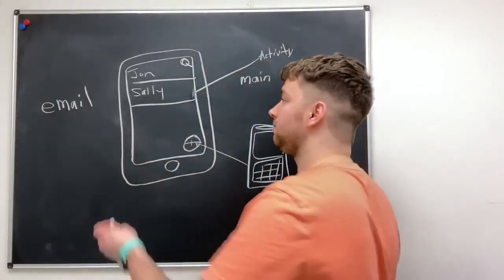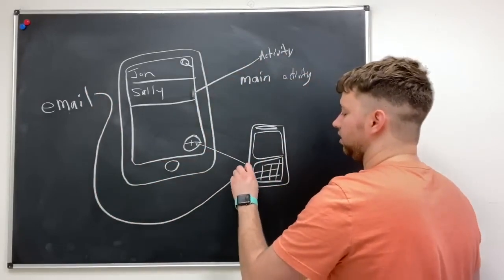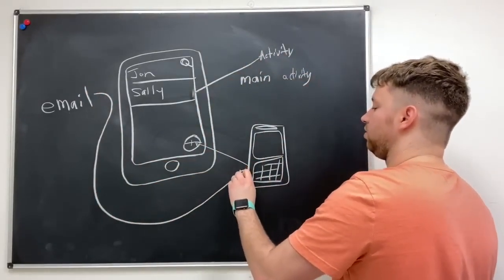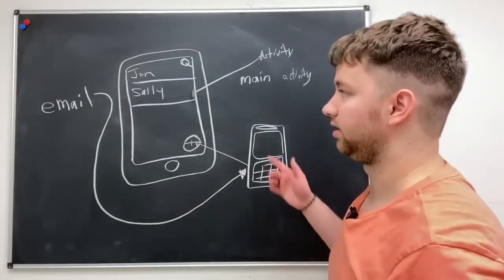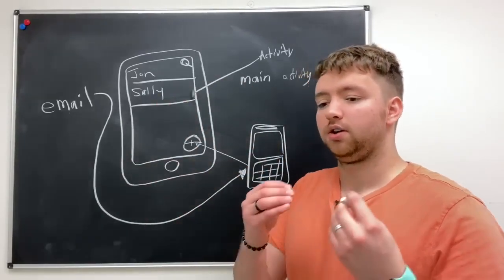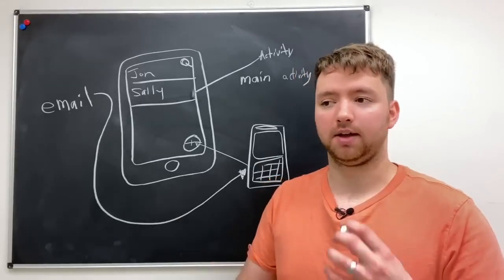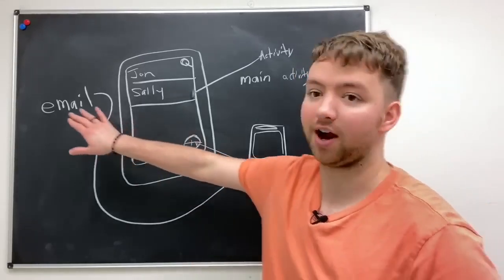Someone clicks that email, it opens your email app, and it immediately goes to the compose activity, and it just skips the home page altogether. That is an example of how we can access our app in different ways, and the activity that shows up depends on what we're trying to do.